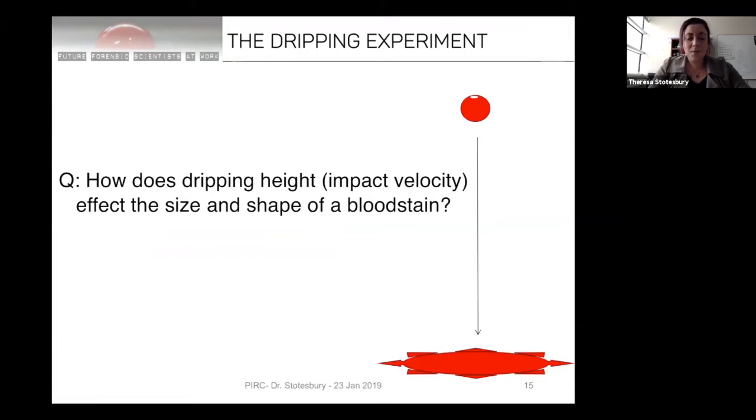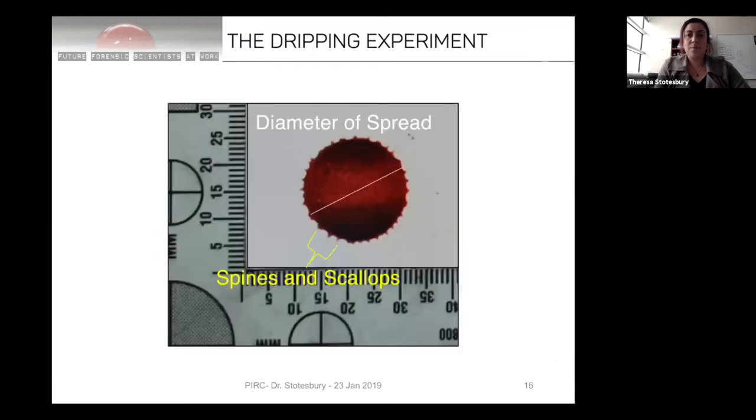In the classroom, you can look at different blood stains and how they actually form by looking at the influence of impact velocity or dripping height, so the influence of height on the size and the shape of a blood stain. So if you create your own blood substitute or you're just interested in learning a little bit more about what we do in forensics, you can look at things like the diameter of the stain.